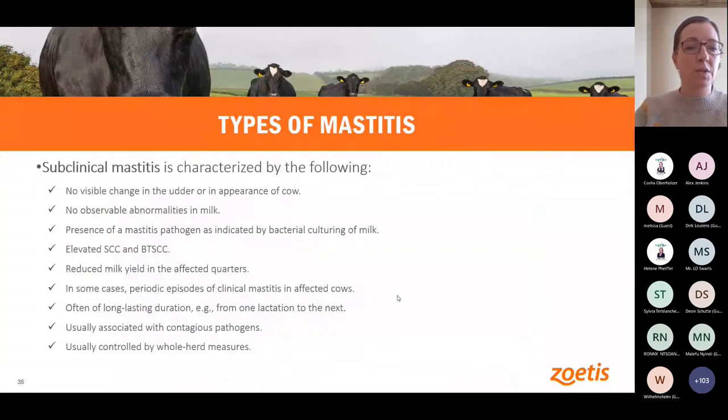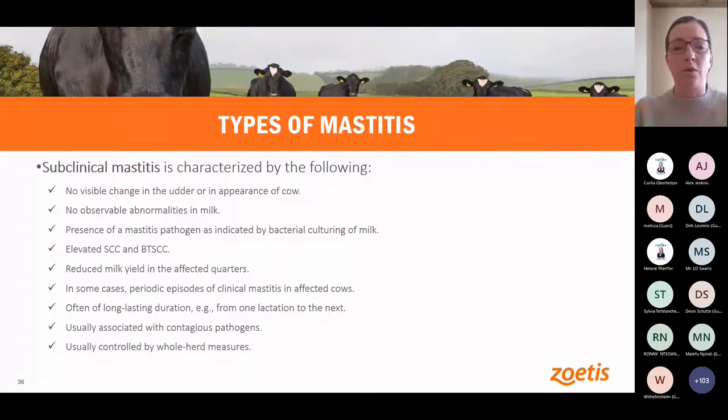Okay. So when we talk about subclinical mastitis, this is when there's no visible change in the udder or in the appearance of the animal. They're not systemically affected. There's no observable abnormalities in the milk. However, there is a reduced milk yield in those affected quarters. Elevated somatic cell counts, and when you do a culture, you might find a mastitis pathogen.